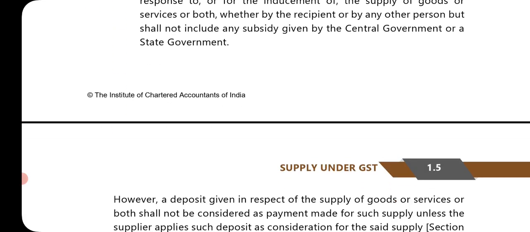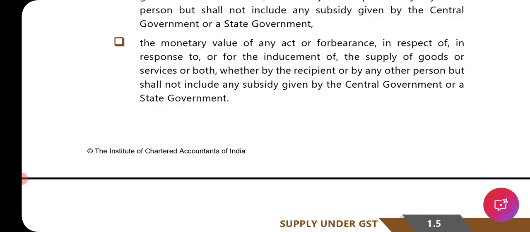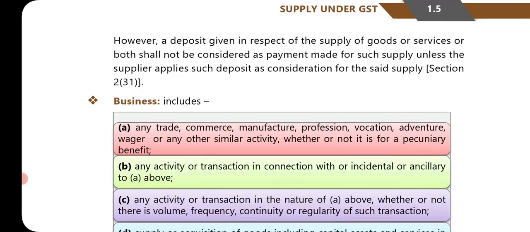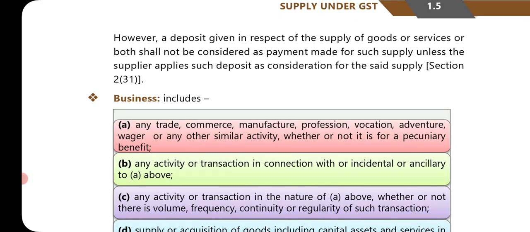The monetary value of any act or forbearance in response to or for the inducement of the supply of goods or services or both, whether by the recipient or by any other person, but shall not include any subsidy given by the central government or state government. However, a deposit given in respect of a supply of goods or services or both shall not be considered as a payment made for such supply unless the supplier applies such deposit as consideration for the said supply.